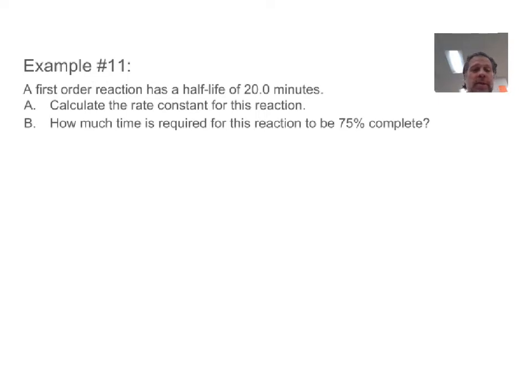The first example that we're going to go through is a first order reaction that has a half-life of 20 minutes. The first thing we're asked to do is calculate the rate constant for this reaction. So we're going to use the formula T1/2 equals 0.693 over the rate constant.